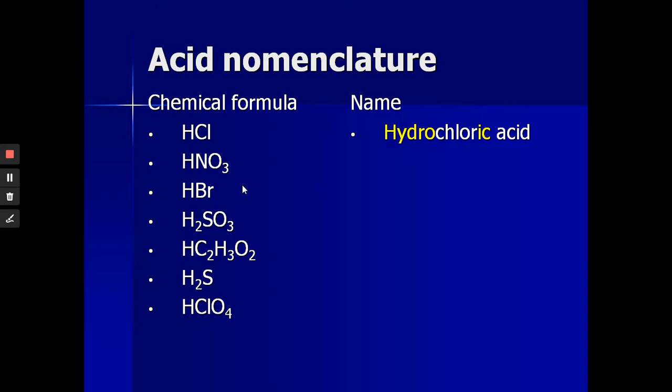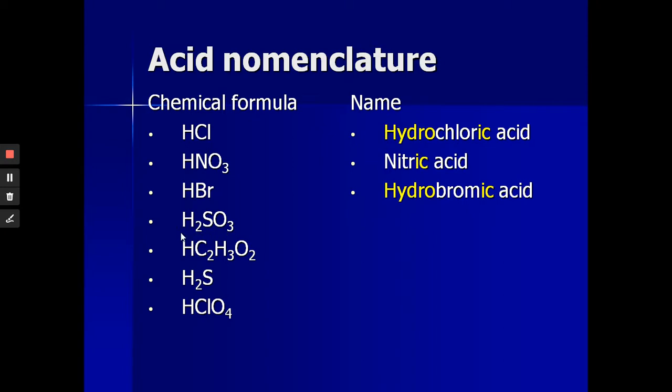Next one is nitrate, HNO3. NO3 is nitrate, ending in -ate, so you use the second rule, calling this one just nitric acid. The third one, again, you have just Br, a single element, bromide, so you're going to call this one hydrobromic acid.